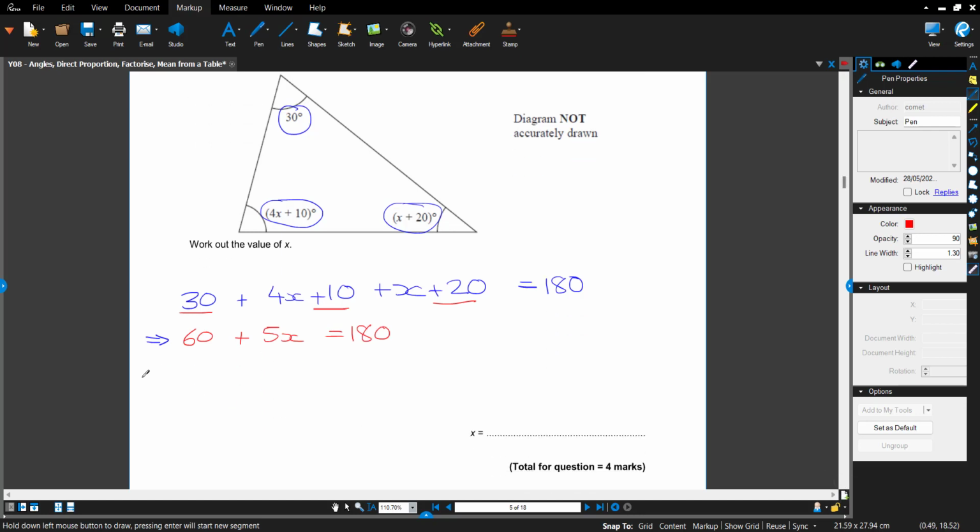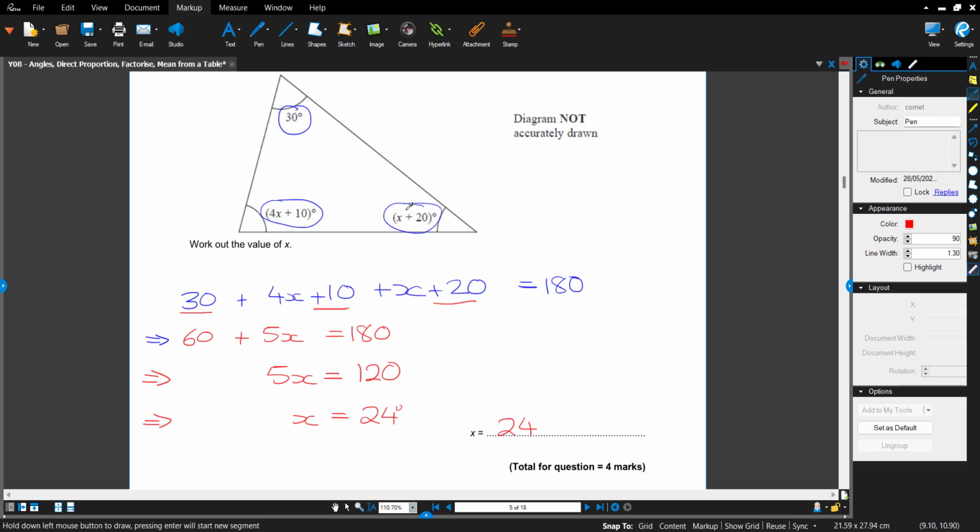So that implies 5x equals 180 minus 60, which is 120. And that implies x equals, you divide by 5 to get x. This is going to be 24 degrees. It's just 24 because the degree is on the outside here.